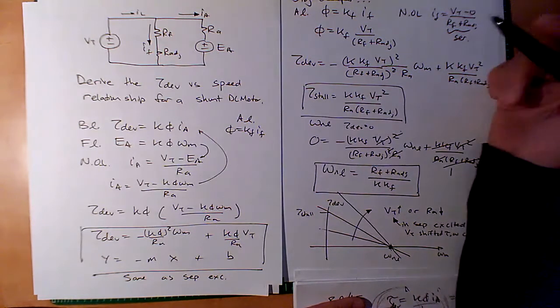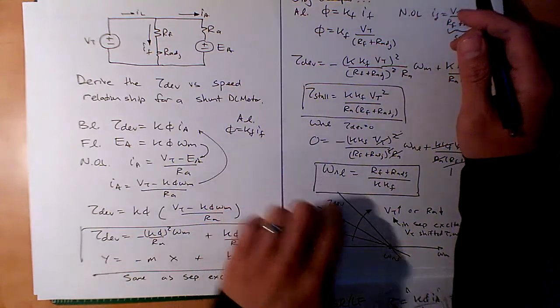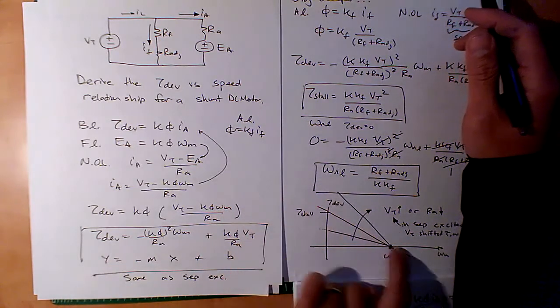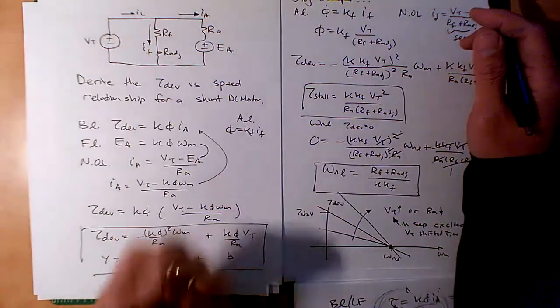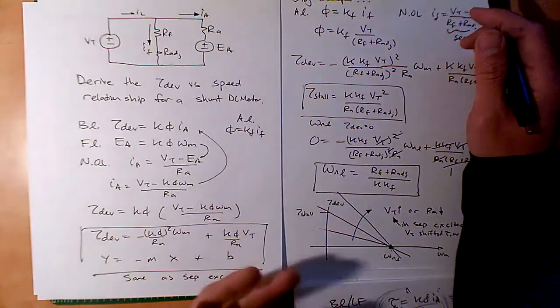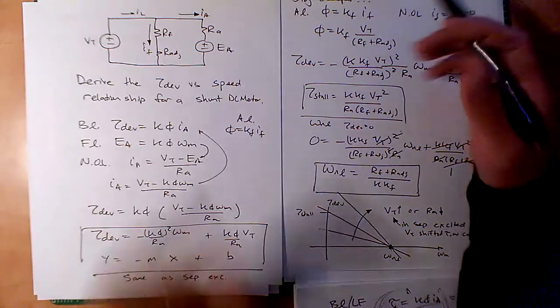So yes, the shape is still a linear negative slope line, but the parameters affect the behavior differently than in a separately excited, as it should, because it is physically a different system.